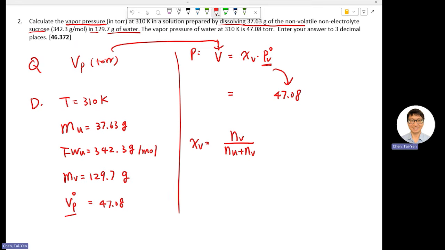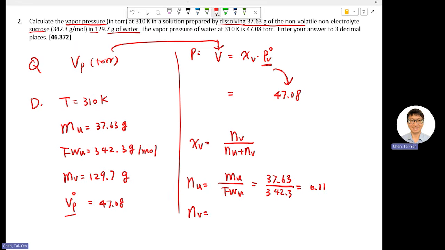To calculate the moles of your solute, it's the mass of your solute divided by the formula weight of your solute: 37.63 divided by 342.3. If you do the calculation, you should get a number of 0.11.